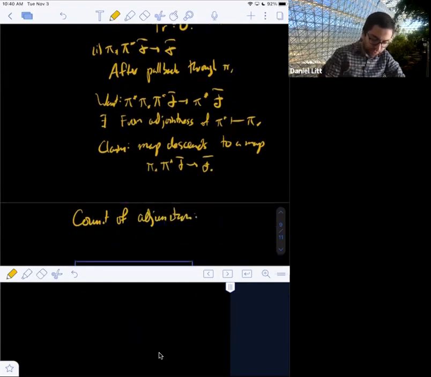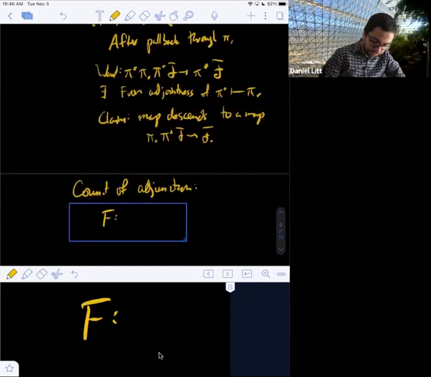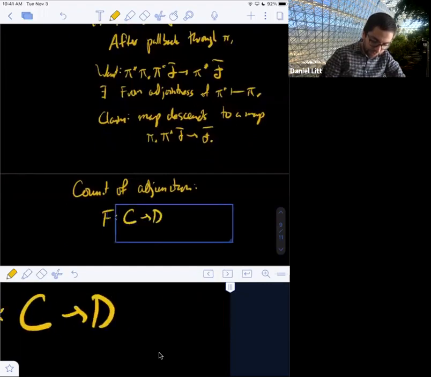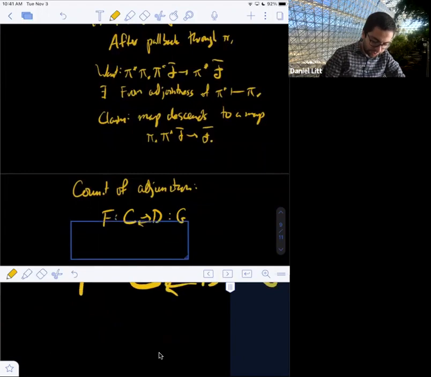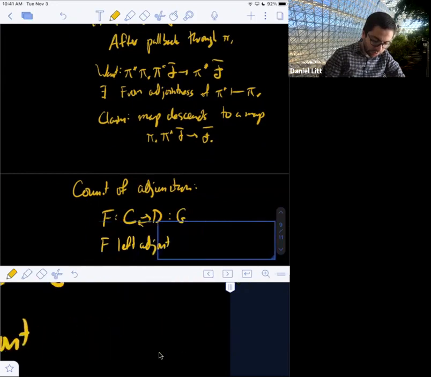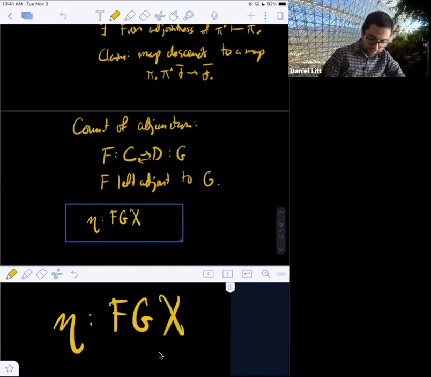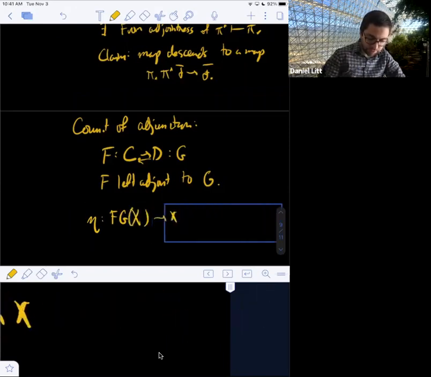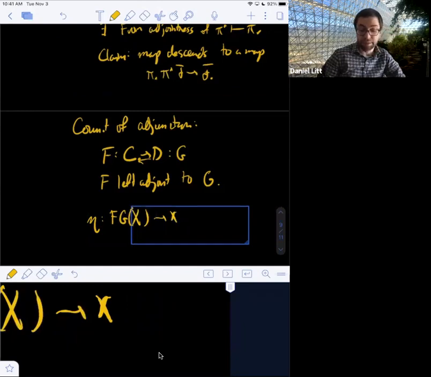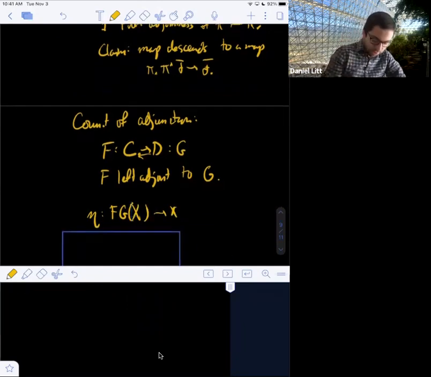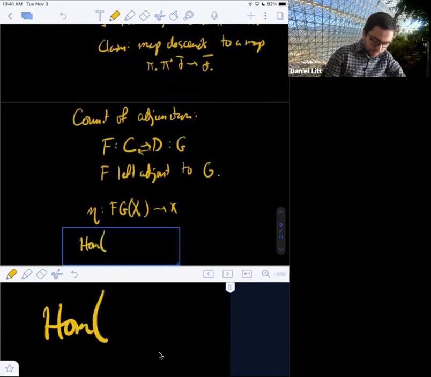Suppose you have two functors, F from category C to D, and G going the other way. Here F is left adjoint to G. Then I claim that there's always a natural map from FG of any object X to X. Here X is an object of D. What you do is you take hom of GX to GX.